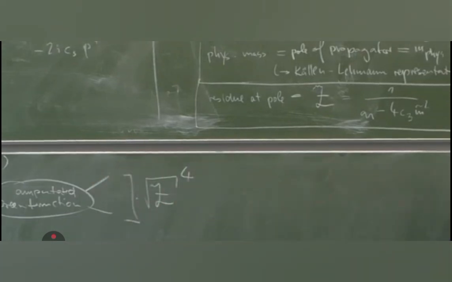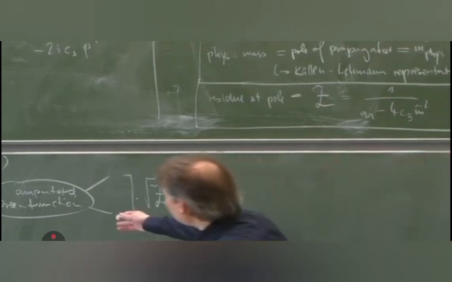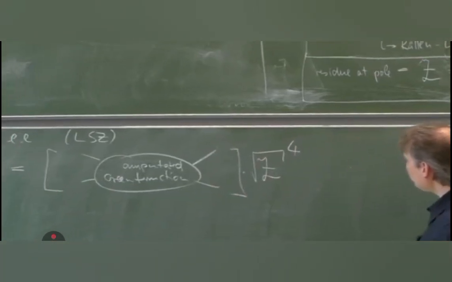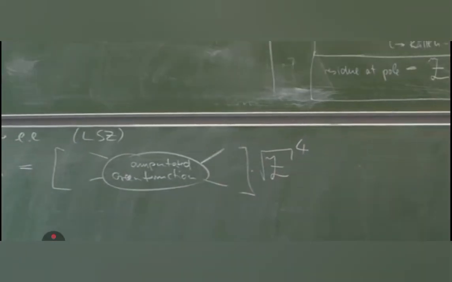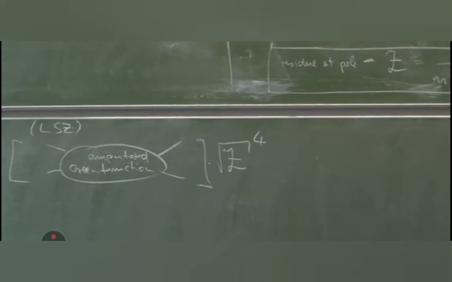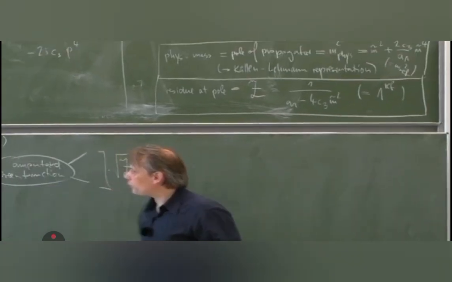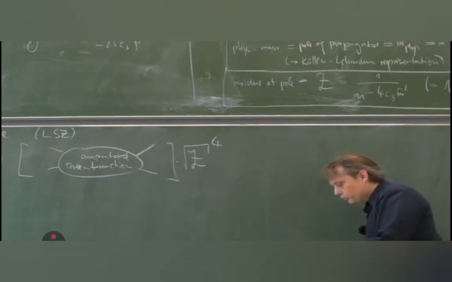That makes the normalization physical. Otherwise, the normalization is undefined, and you cannot interpret this as a physical scattering amplitude, but this provides the correct normalization factor, and that is why we calculated the residue of the pole before. And why we need that, that is the proof of the LSZ reduction theorem for the S matrix.